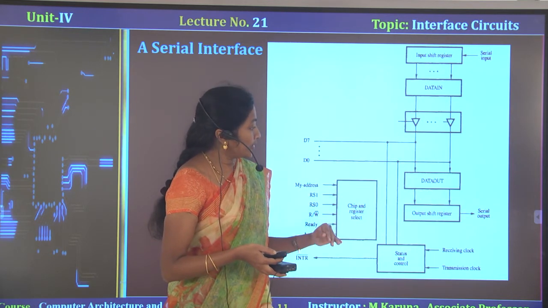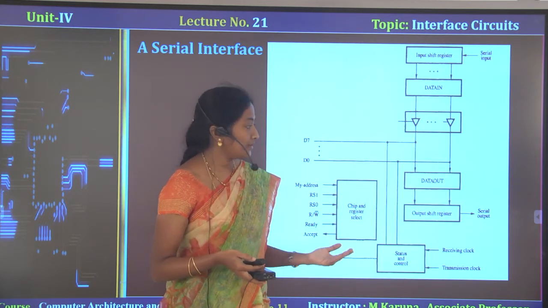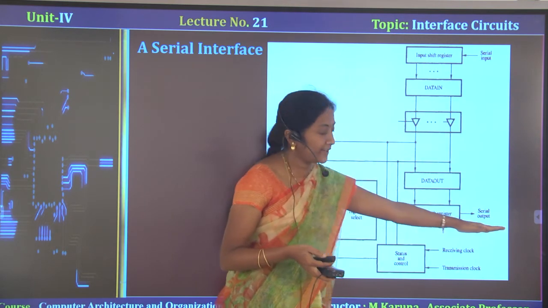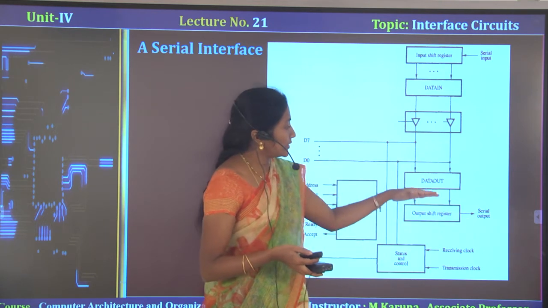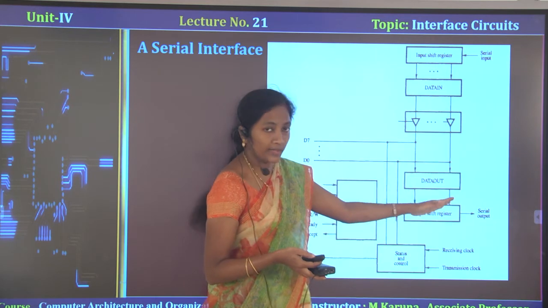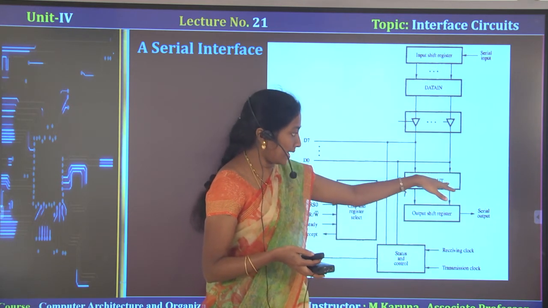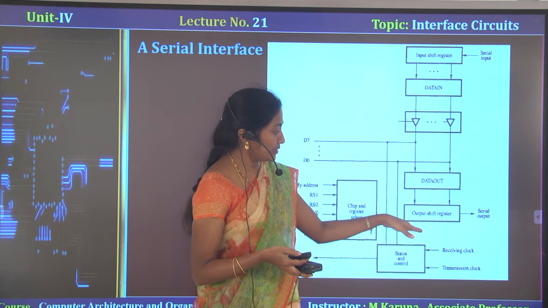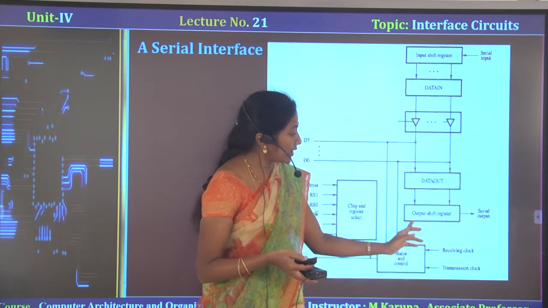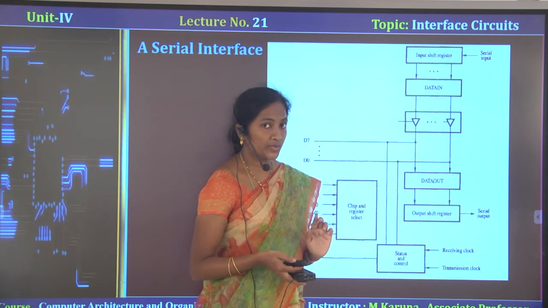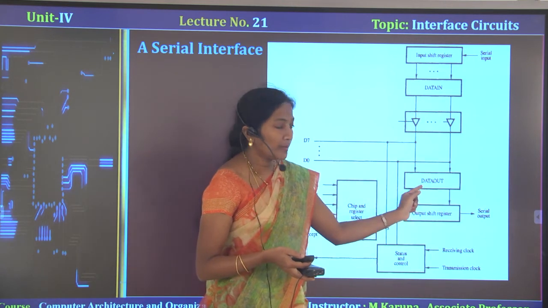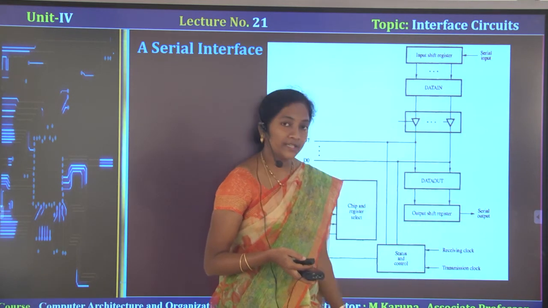Coming to the output data transmission. For example, the processor wants to send data to the outside world in serial fashion. The data out register is parallel. After getting data into the data out register, those parallel bits are converted into serial bits, and the bits are transferred one by one. That's why the output shift register is used: to convert parallel bit transmission to serial bit transmission.